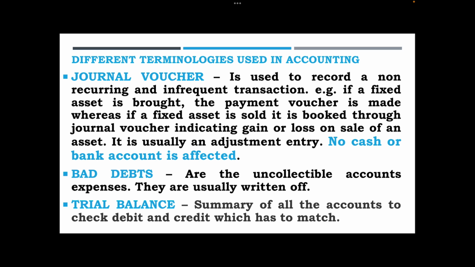Next is bad debts. Bad debts are uncollectible accounts expenses. They are usually written off.